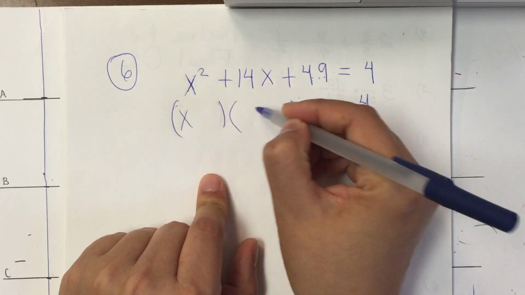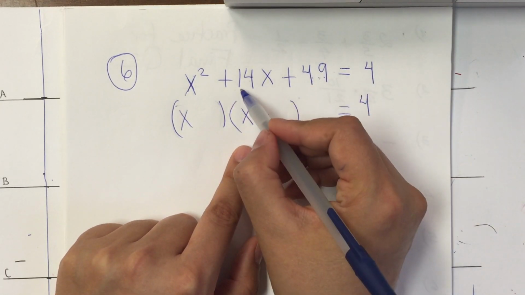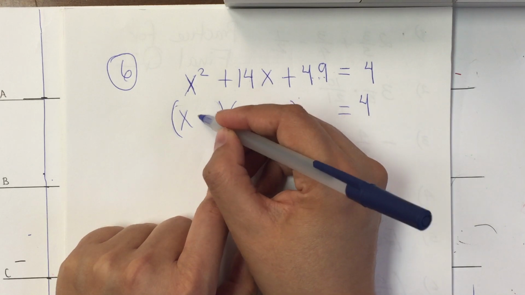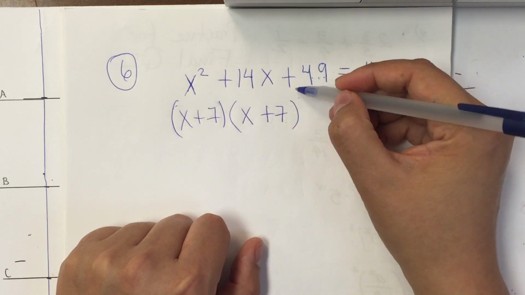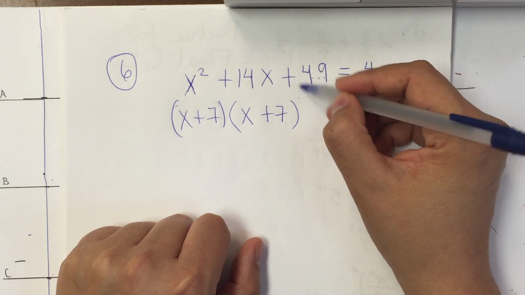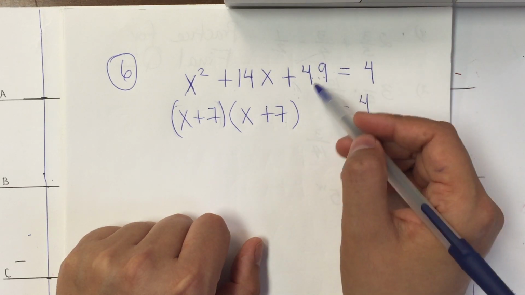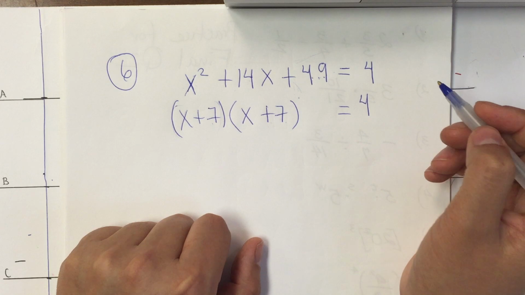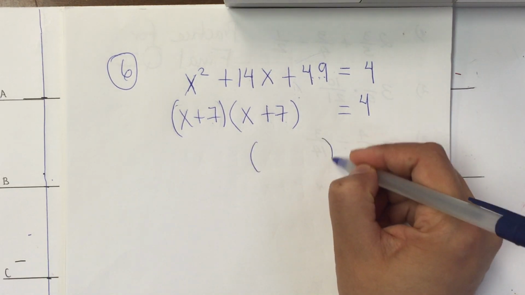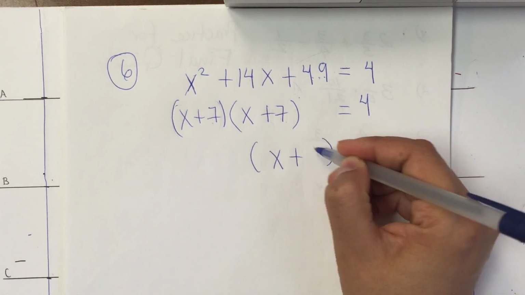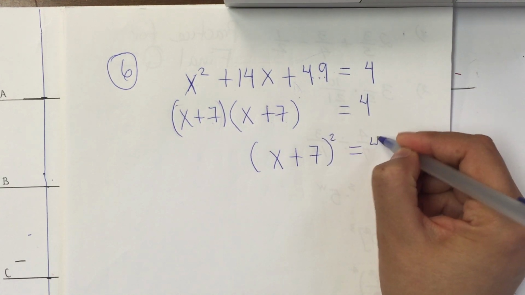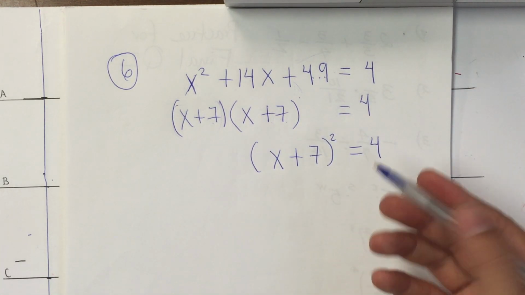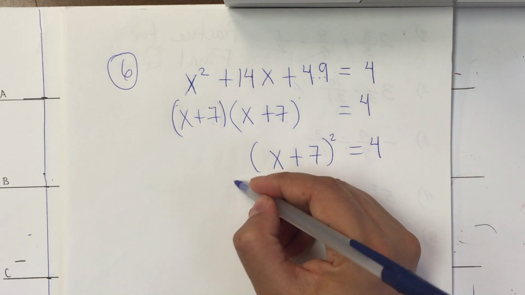So it's going to be x, and if we look at this one, it's going to be half of it, which is plus 7, or you can also find it by taking the square root of 49, which is 7. Okay, we write it as a square, which you could have done directly if you wanted to, and we proceed to solve.